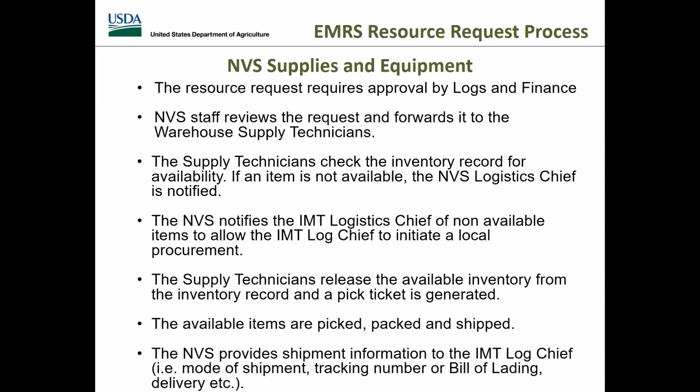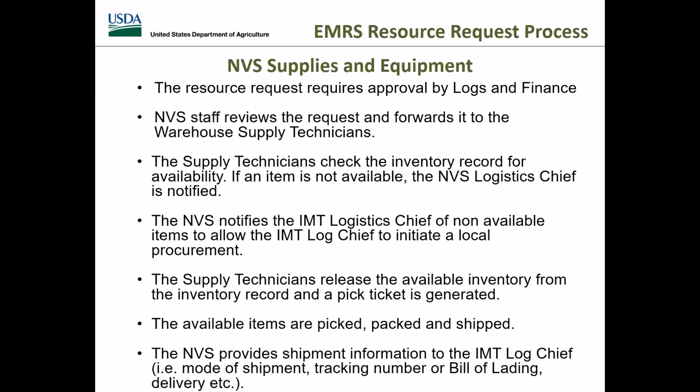You could procure something locally in a lot of cases, or we'll take measures to ensure that another item is available to support you. And then the supply technician is going to release that inventory. We're going to pick, pack, and ship them. And then the information, bill of lading, tracking number, ETA, the estimated time of arrival, and so forth will be provided to the requester so that you know when to expect it.